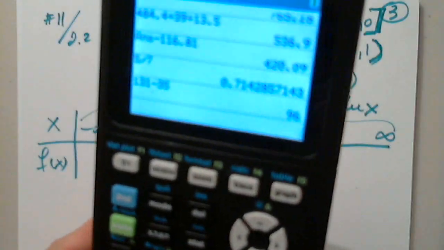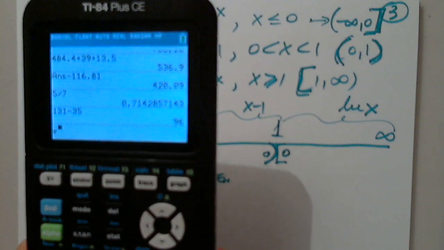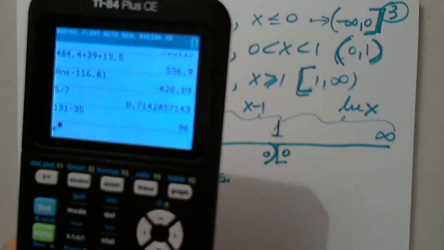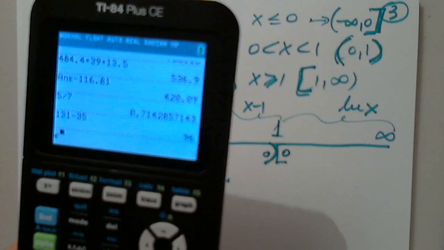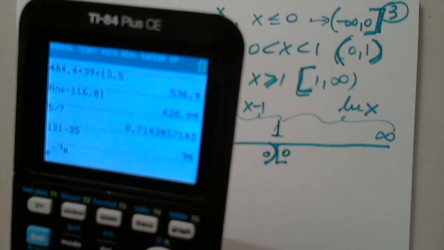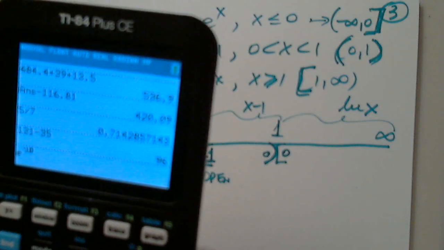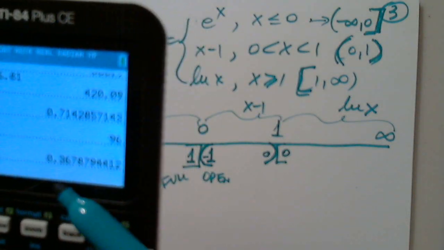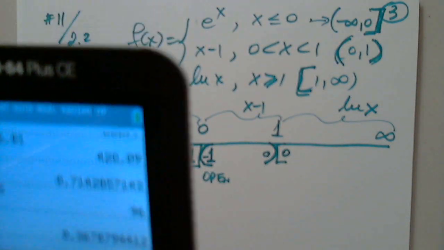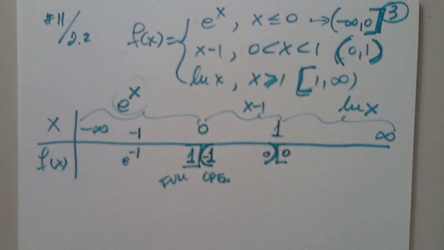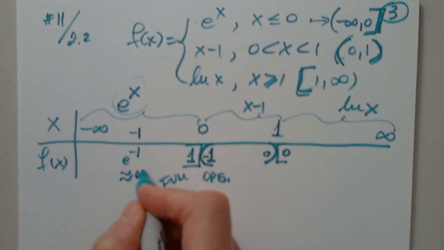So e to -1: I press e, second, e, and I put power -1. When I press enter, I will get 0.4 roughly. So this is approximately 0.4.